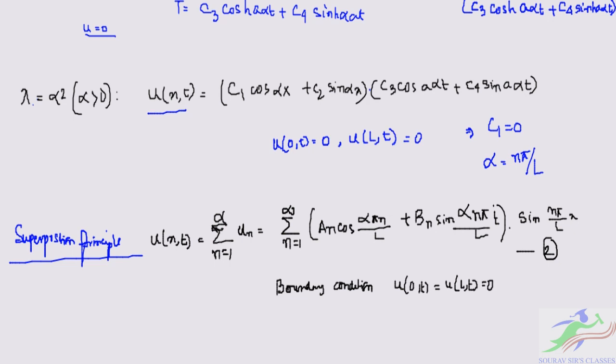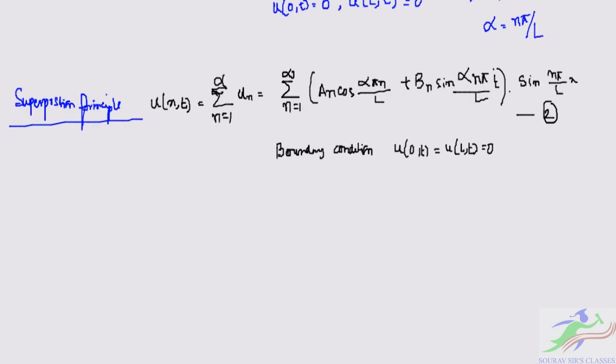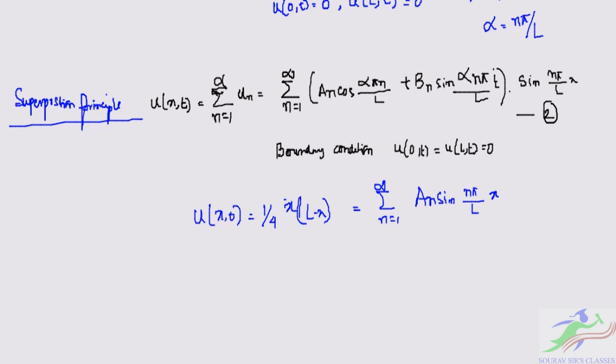However, it also has to satisfy the initial condition, that is u of x,0 is equal to 1 upon 4 x of l minus x, which is equal to the summation n equal to 1 to infinity of a n sine of n pi x by l. So that is equation 3.